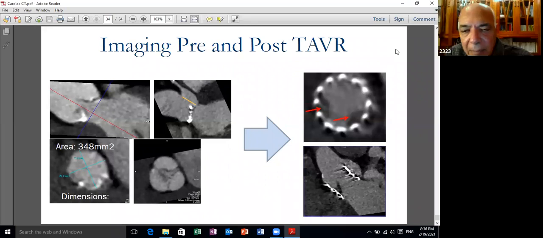We already talked about this. With 50 to 70, you can either choose to do a functional test to see the significance of this lesion, or invasive angiography occasionally. The place of CT FFR is still in its infancy. So you cannot say this patient should go to medical treatment.